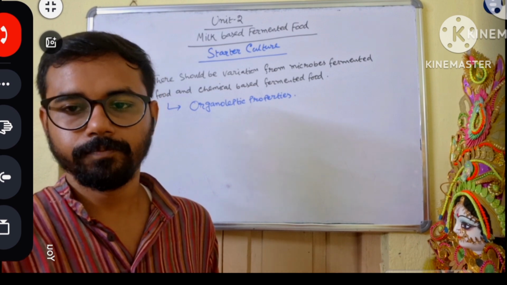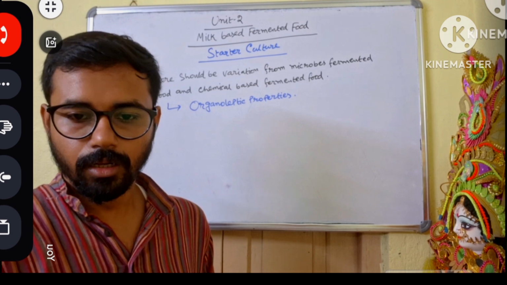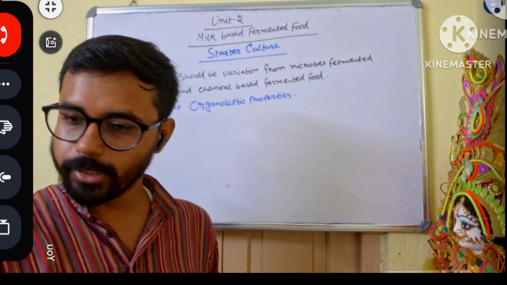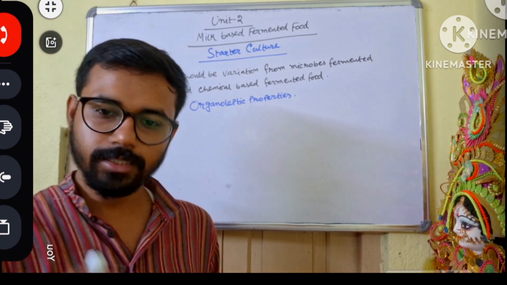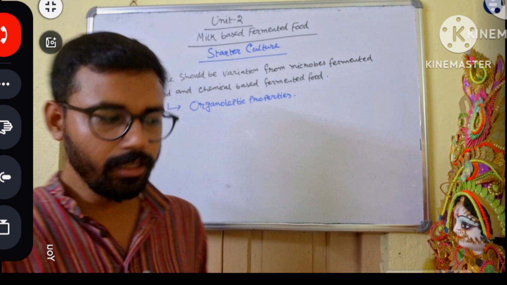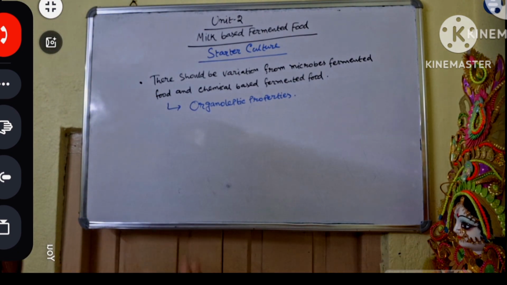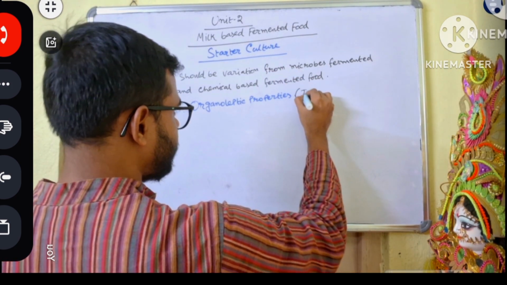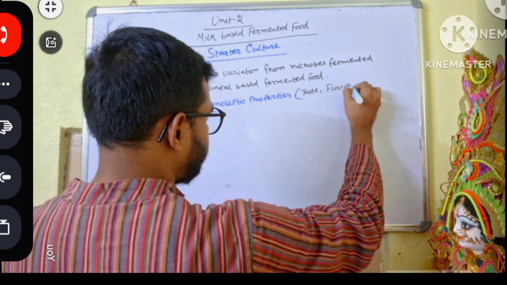Organoleptic properties are taste, flavor and texture. These three properties make better appearance, better consumability, better taste of the fermented product. So the organoleptic properties are the main three things: taste, flavor, and texture.